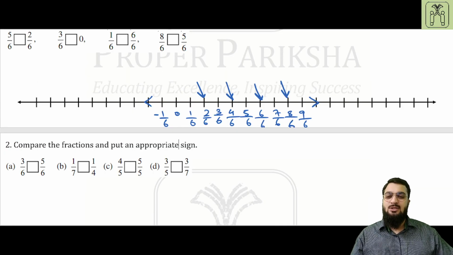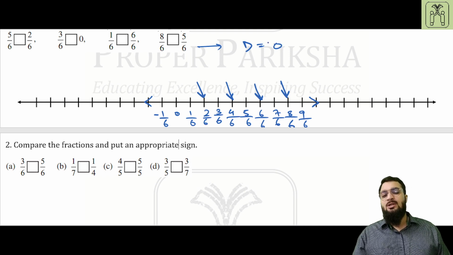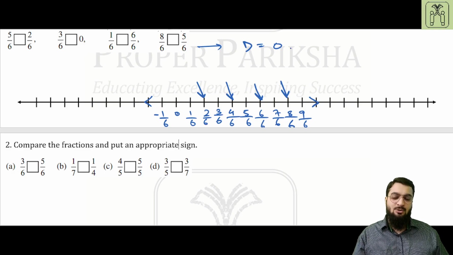So we had a question that we have to write the signs also for that, and that will be possible by, you see that all the denominators are same, even though it is an easy question, but still we should solve. So denominators are same, and therefore the greater the numerator, the greater the fraction. Therefore 5 by 6 will be greater than 2 by 6, 3 by 6 greater than 0 by 6, 1 by 6 less than 6 by 6, and 8 by 6 greater than 5 by 6.